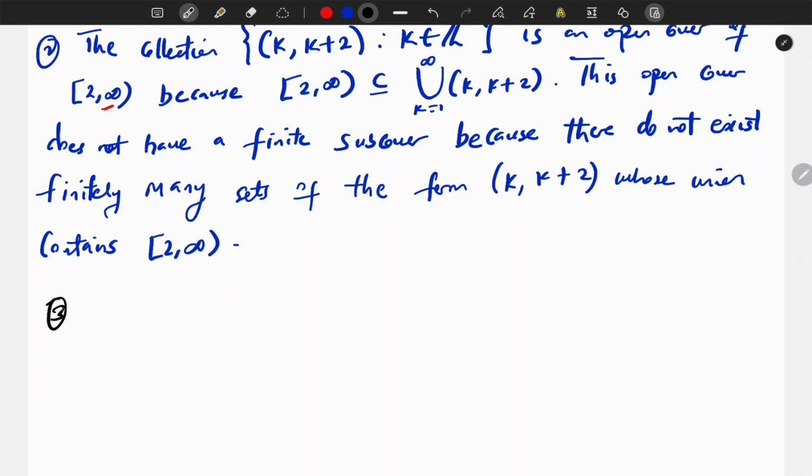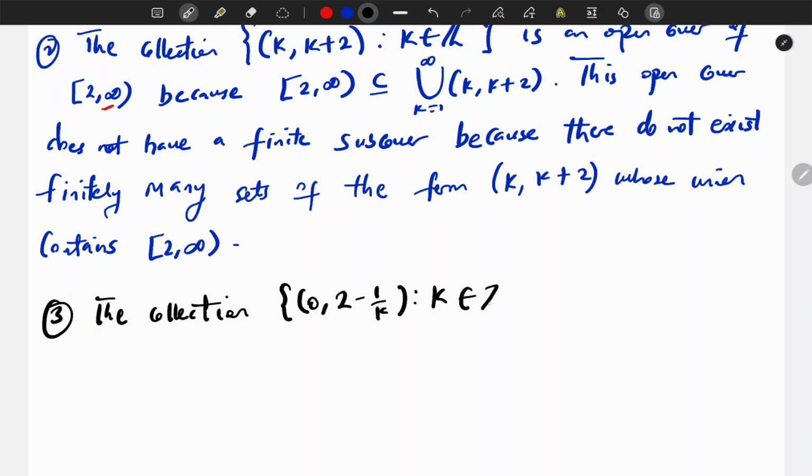Okay, let's take another example, Example 3. For the third example, we have the collection of intervals 0 to 2 minus 1 over k, such that k is a positive integer.